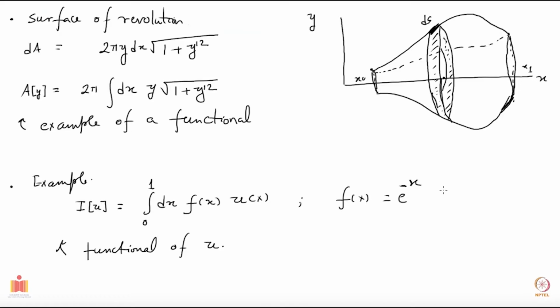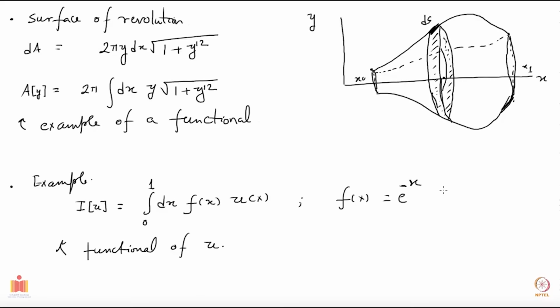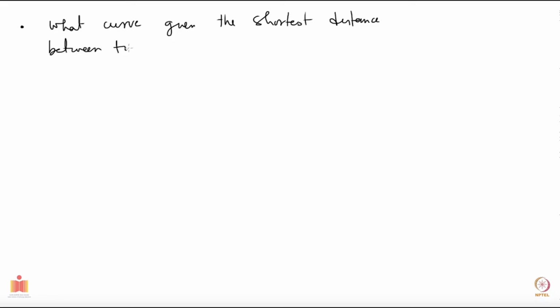That's about functionals. That's what I wanted to say. Maybe I should write it down. So the questions we will generally be interested in asking in the case of functionals are, for example, what curve gives the shortest distance between two points, let's say in the xy plane or xyz?